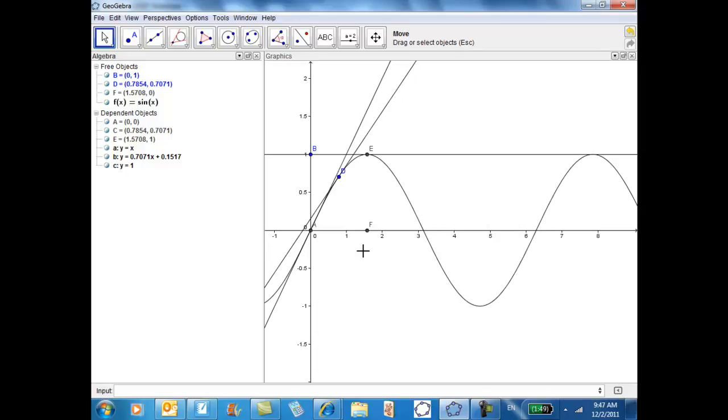And will it keep going down? What's going to happen when we come over here? That's a negative slope, so the derivative point will be down here.